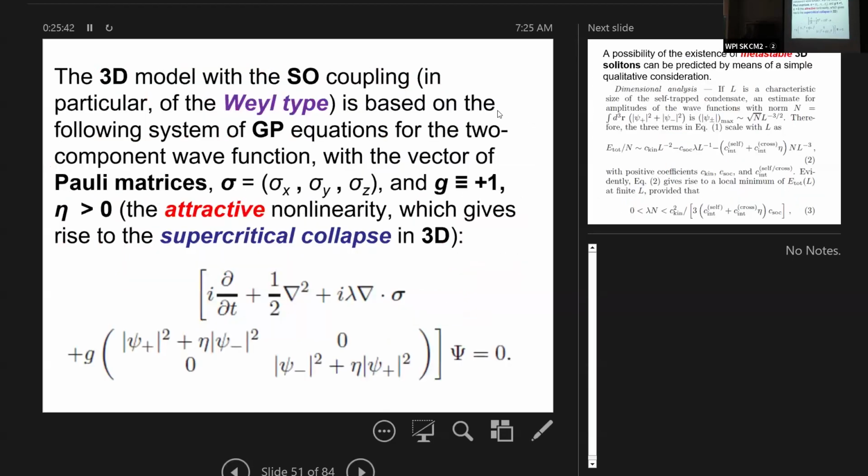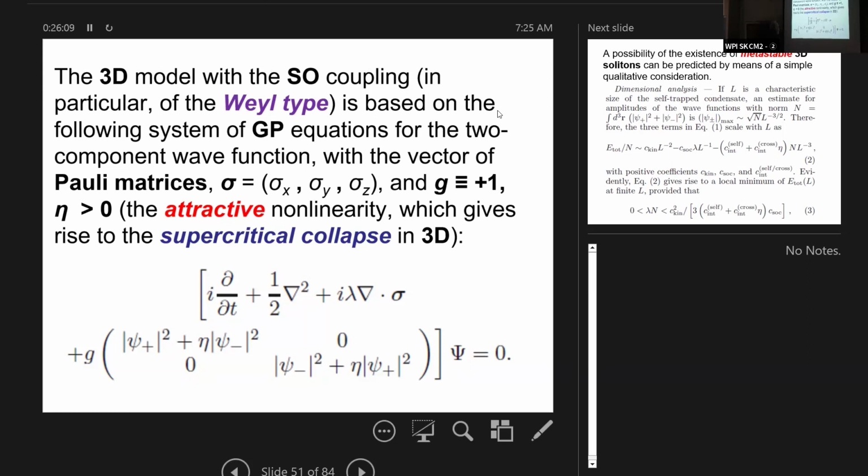Okay, so how can this be done? One can take the 3-dimensional system of coupled equations. This sigma is simply a vector. This is now a matrix form of the two-component system, and sigma is the vector of the three Pauli matrices. So this is just a scalar product of this vector with the nabla operator. These are again linear terms which mix two components through their first derivatives.